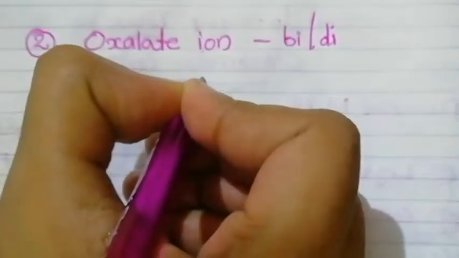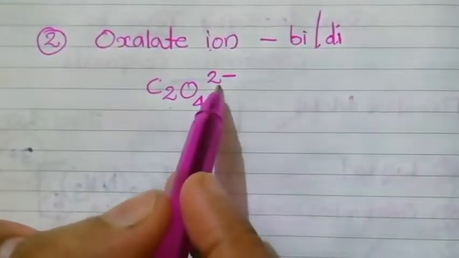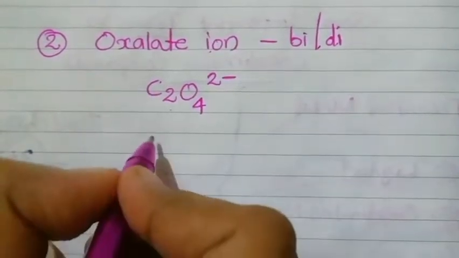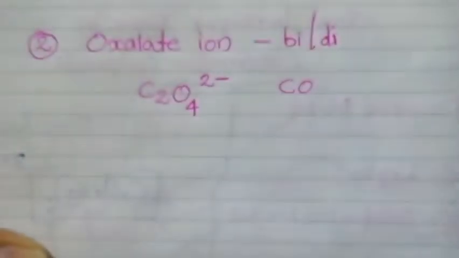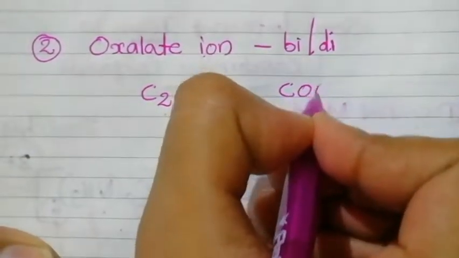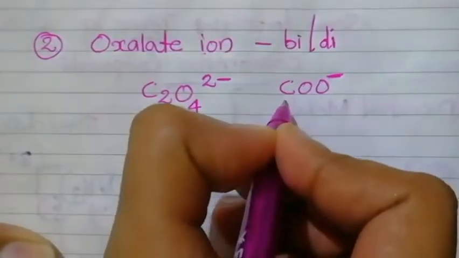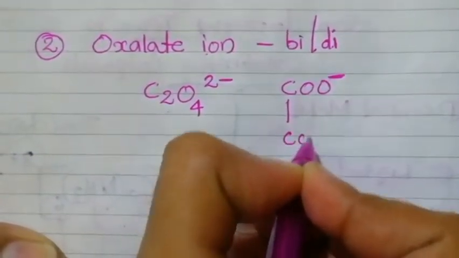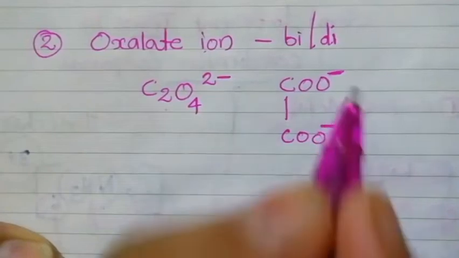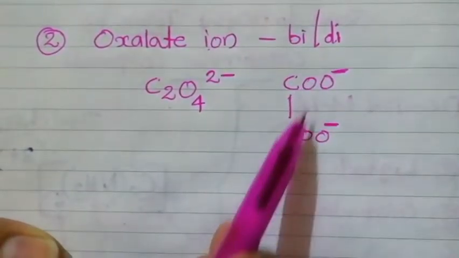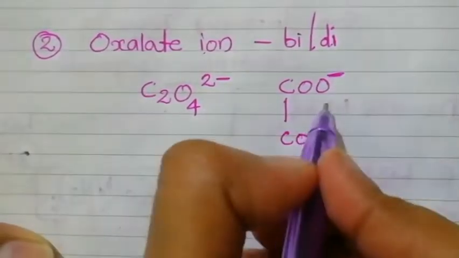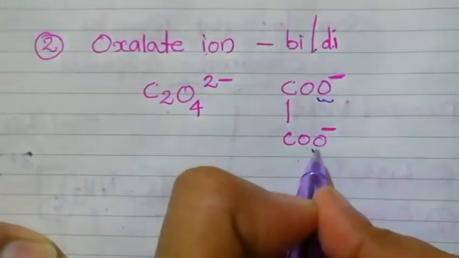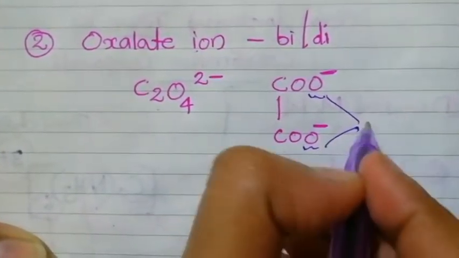Let's write the formula of oxalate ion, C2O4 2−, and its structure can be drawn as COO− COO−. There are 2 carbons and 4 oxygens, and the negative charge is distributed to the two terminal oxygens. So these two terminal oxygen atoms act as the donor sites.